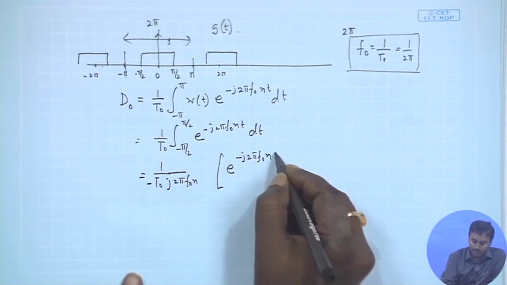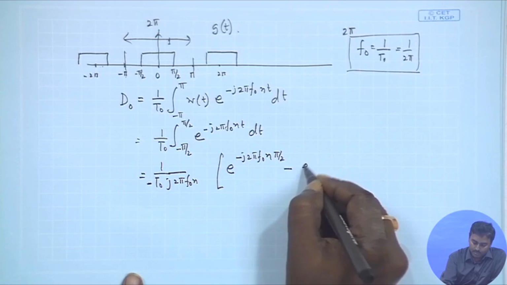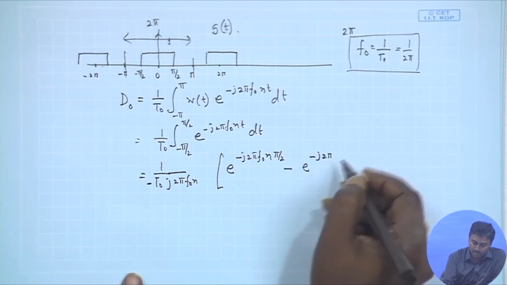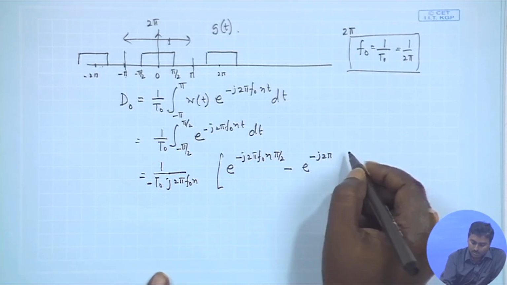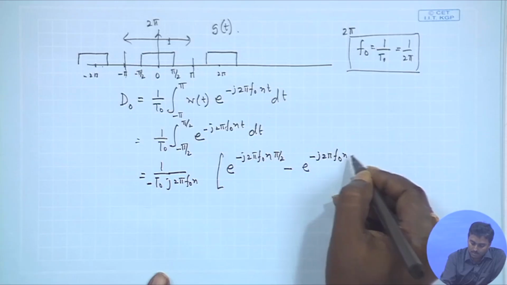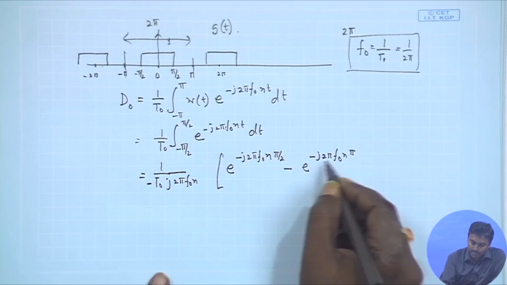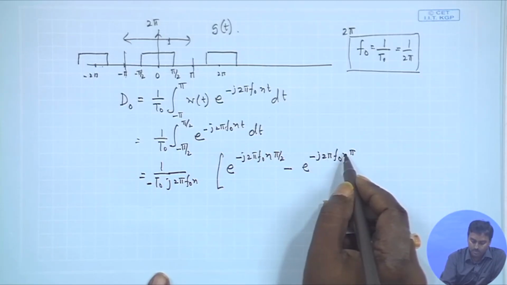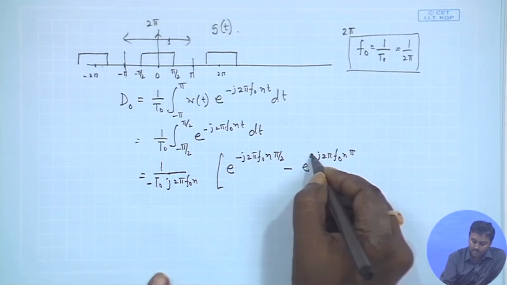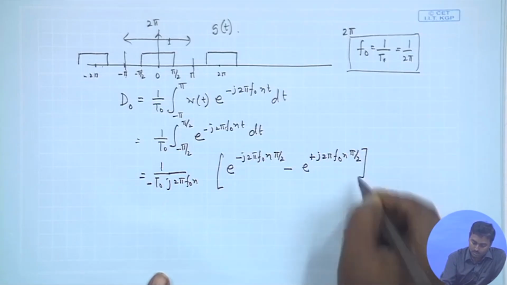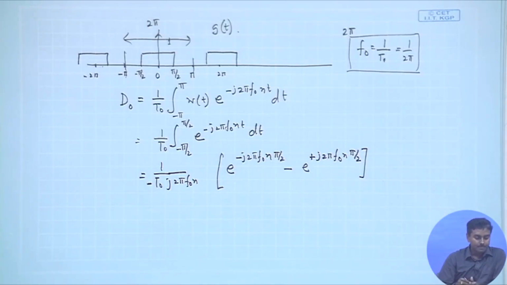So one will be pi by 2 minus, again minus pi by 2, right. So minus pi by 2 becomes plus. Right, so this is all that we get.